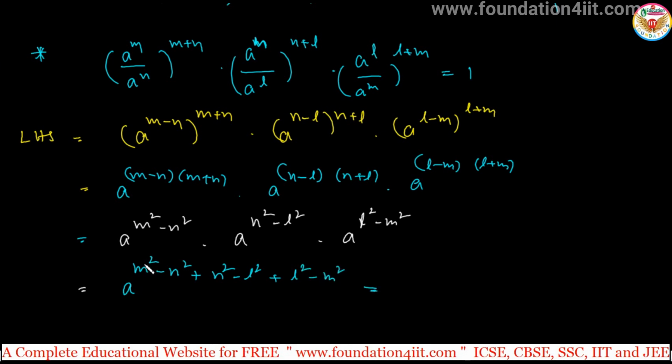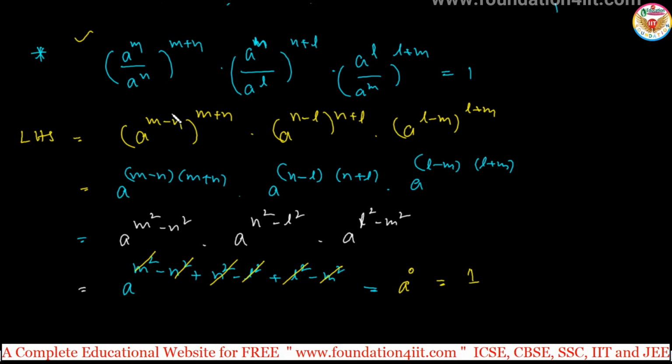If you notice, everything cancels. A to the power 0 equals 1 because a is non-zero. Mostly these types of questions come with small changes in terms, so you can solve them the same way. These are basic questions to simplify.